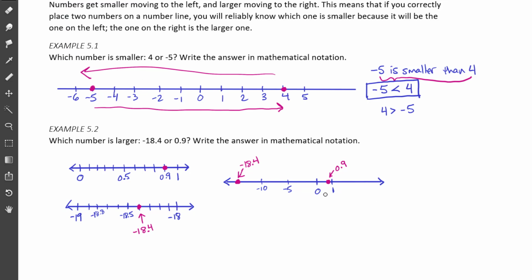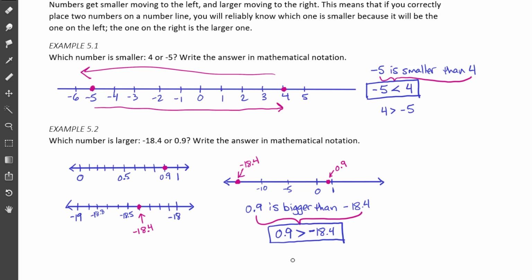From the number line, we see that 0.9 is to the right of negative 18.4. This means that 0.9 is larger than negative 18.4. Now, how would we say this statement in mathematical notation? We would say 0.9 is greater than negative 18.4.